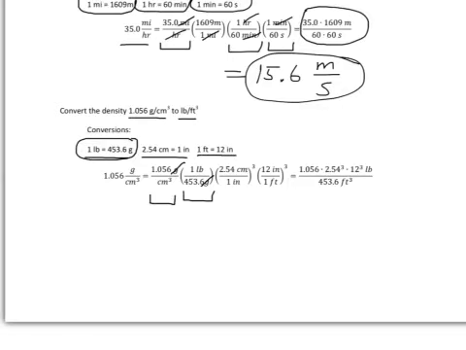Now I have to convert the volume, the cubic centimeter, in the denominator. And for that, I use this conversion, 2.54 centimeters over 1 inch. And I have the centimeter in the numerator to cancel the centimeter in the denominator, and 1 inch in the denominator.